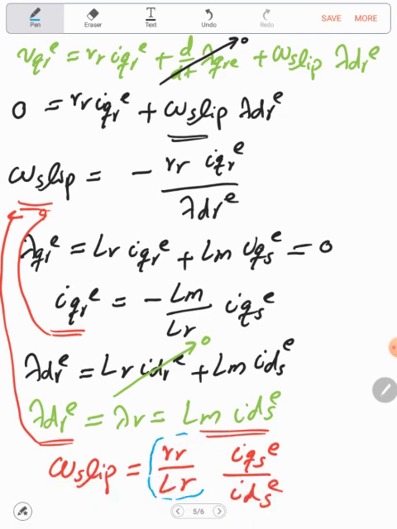Now we know that this one is 1 over tau r.